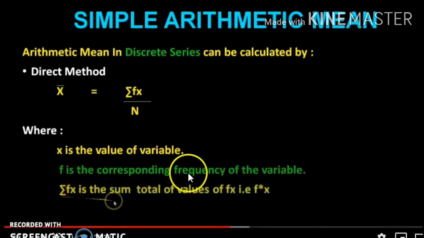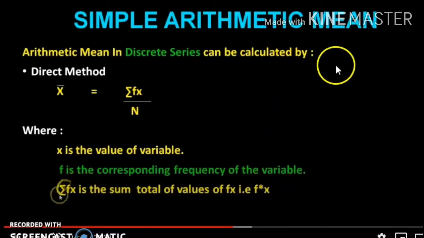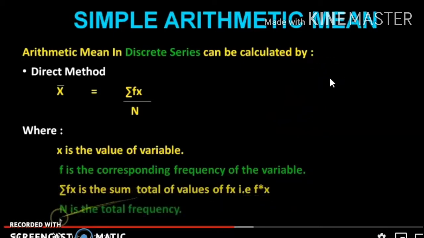Sigma fx is the sum total of fx, that is f into x. There are two columns, the x column and the f column. You multiply both columns and find sigma fx. Next, n is the total frequency, so you add the frequencies to find n.